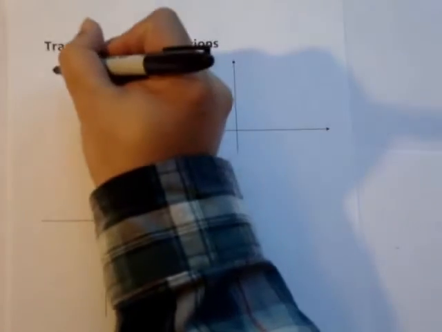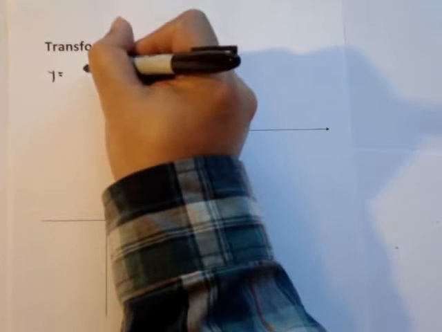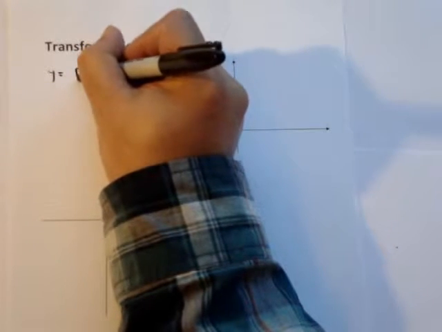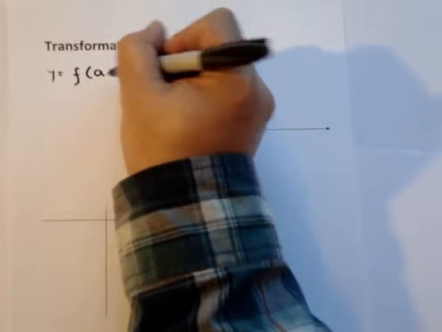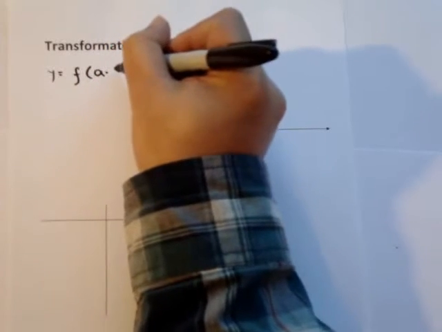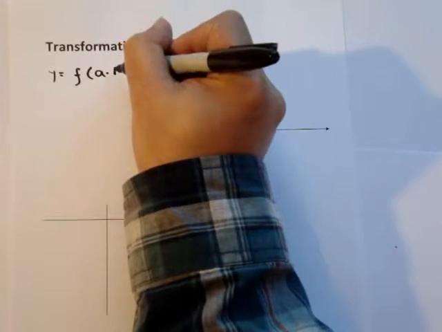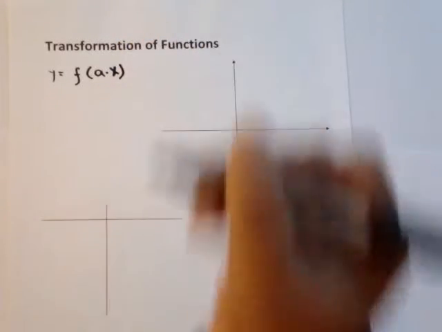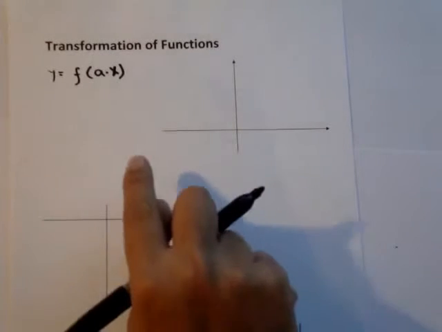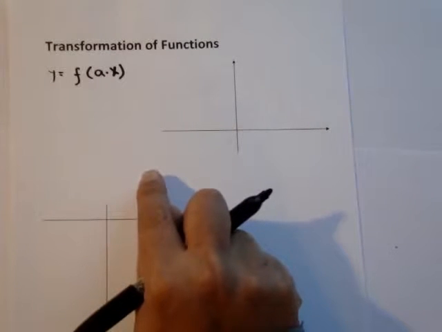If we have the transformation y equals f, and then within the brackets a or b multiplied by our x, let's quickly see what this does to our parent graph.